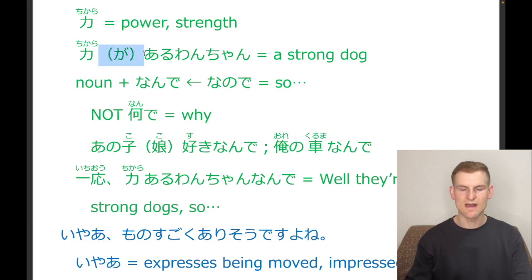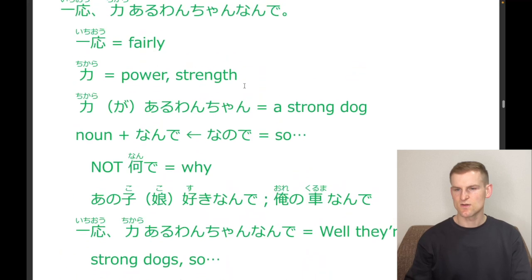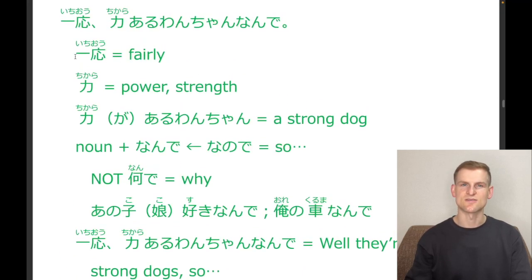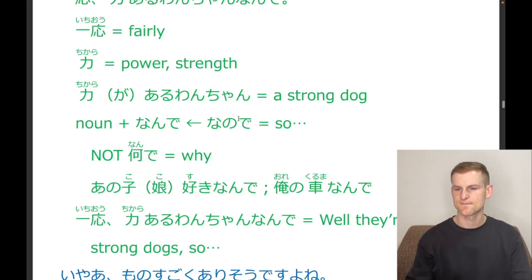The particle here would be ga, but particles are omitted in casual speech all the time. So, 力あるワンちゃん, a strong dog. So, he's kind of being humble about his dog's strength, right? Ichio, fairly powerful. I mean, obviously the dog is, if you see the size of this thing, he's obviously pretty strong as far as dogs go. But yeah, he's kind of being humble, ichio.